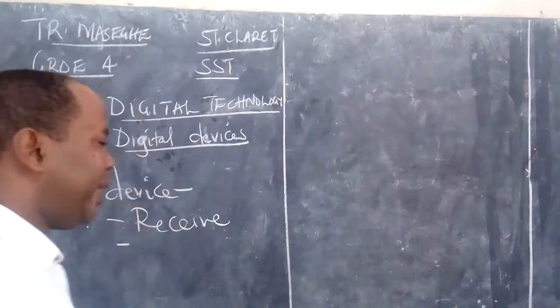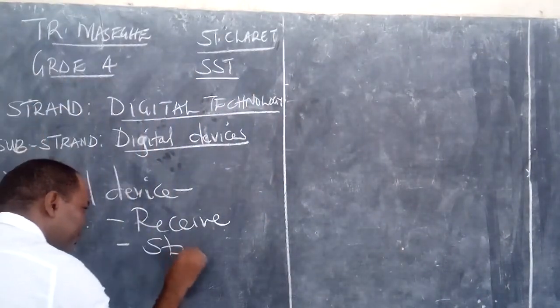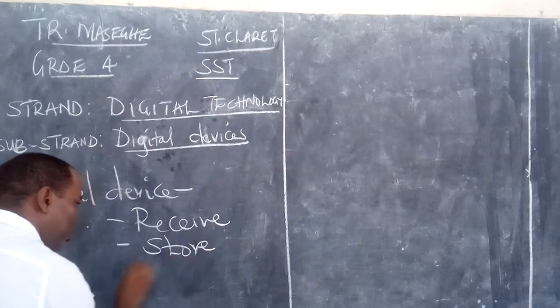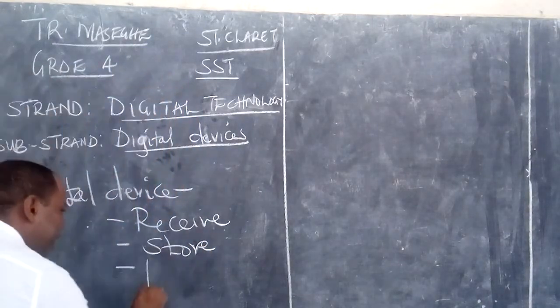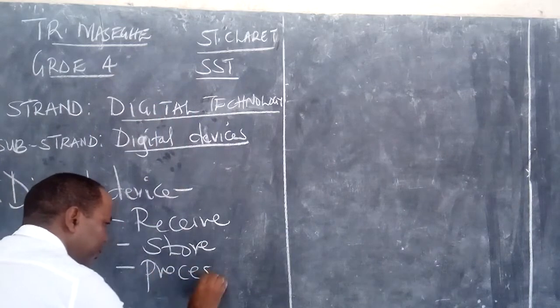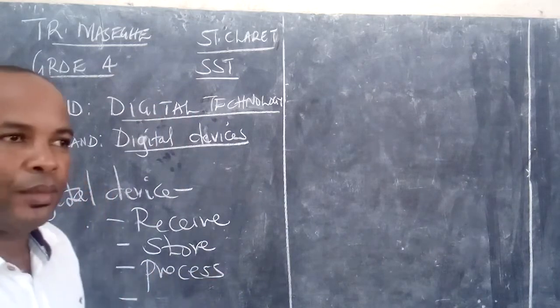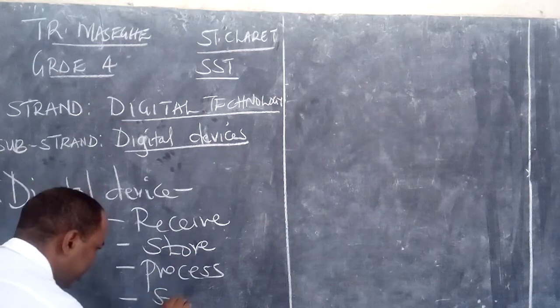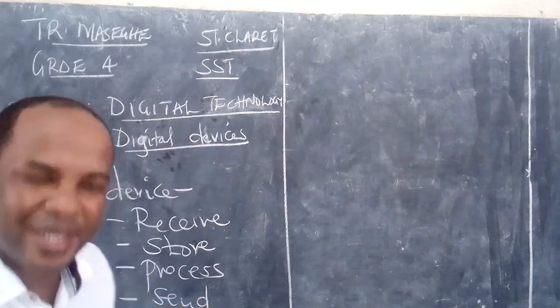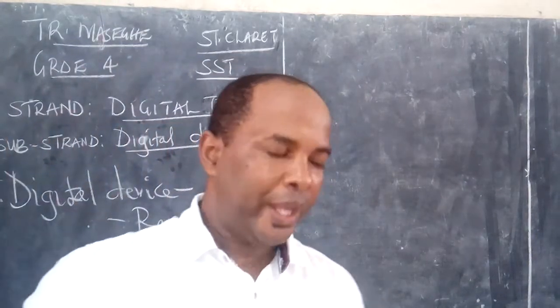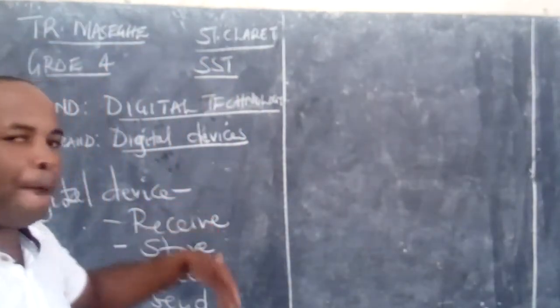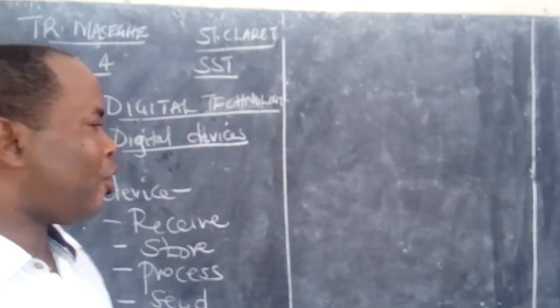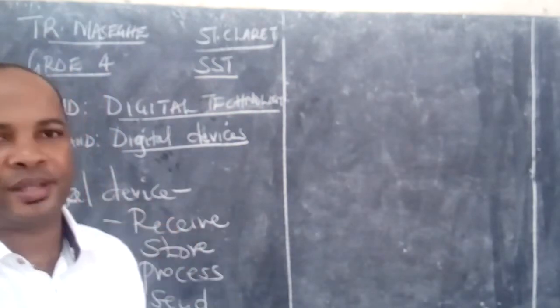Two, it can store. Three, it can also do what? Process. And lastly, it can send. What is it sending? Digital information. So this is just a brief explanation of what a digital device is.